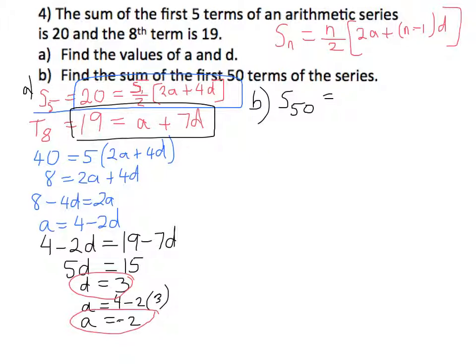So sum of 50 is going to be 50 on 2, which is 25, lots of 2a, remember a is negative 2, so times 2 is negative 4, plus n minus 1, so it's 49, times d, which is 3. Okay, so the sum of 50 terms of this series is going to be 3,575.